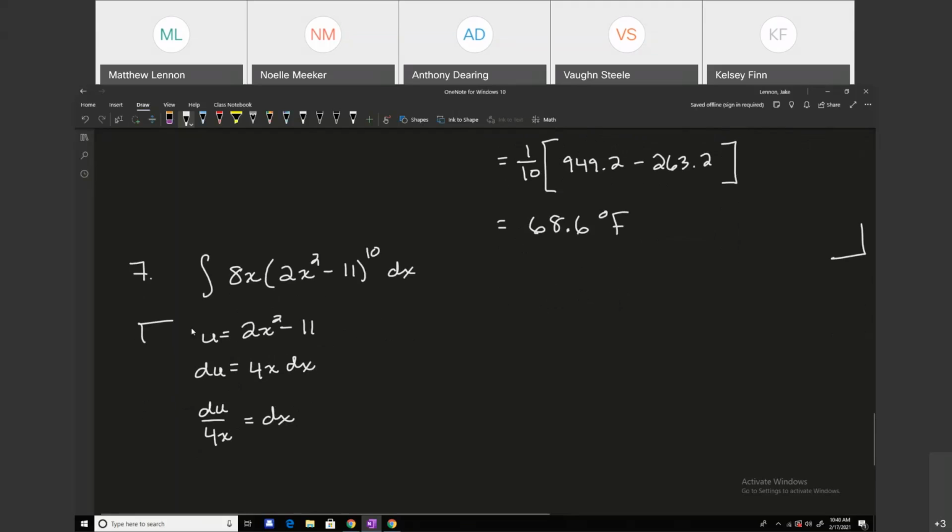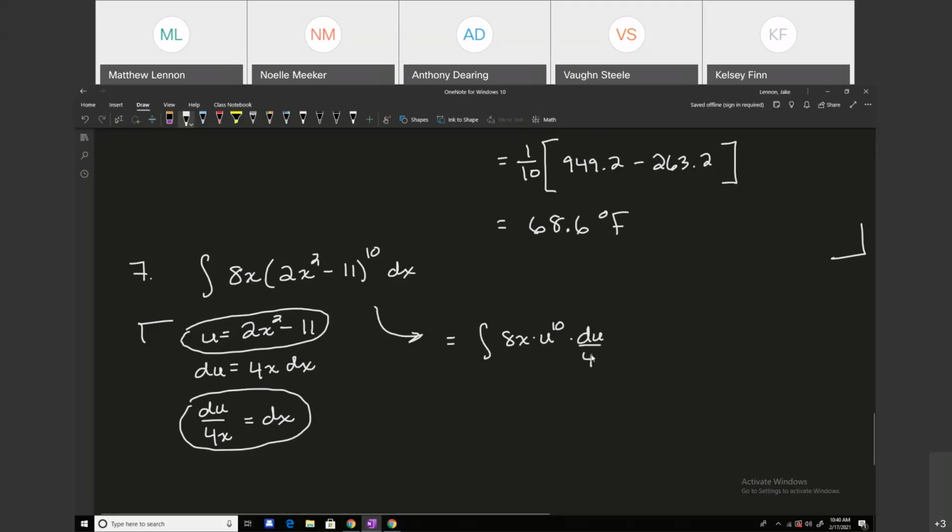And then remember, usually we make our substitution using this first one, u, and what dx was down here. So our integral will become the integral of 8x times u to the 10th times our du over 4x. So 8x over 4x just becomes 2. So our integral is 2u to the 10th du.